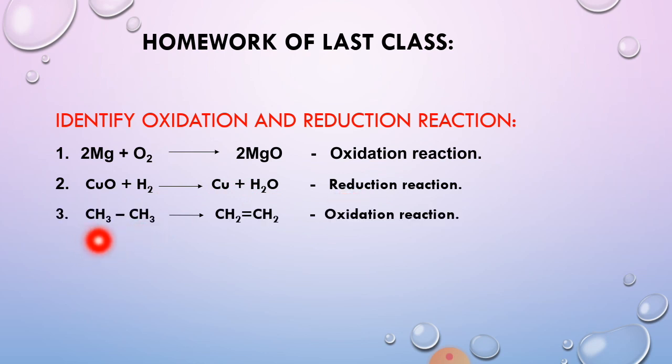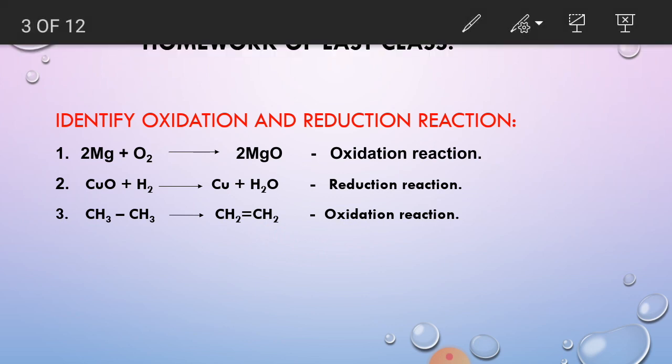No O2 is there, no H2 is there, so in this condition we have to look at the product side. Here I can see H2 is added, so that means it loses H2. So this reaction is also called an oxidation reaction. Till now we have learned these topics.